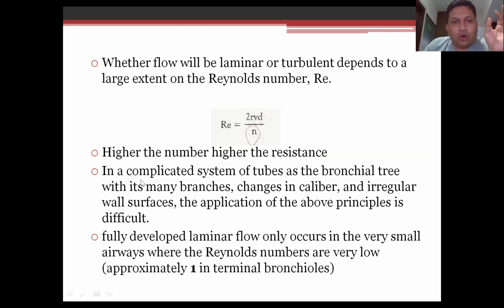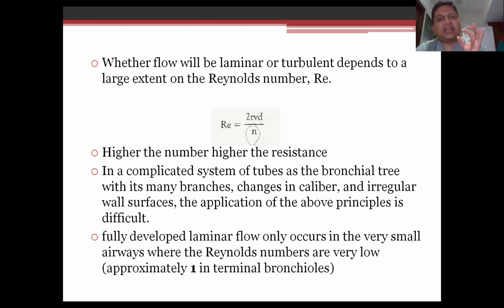This is a constant. In a complicated system of tubes such as the bronchial tree, there are many branches, changes in caliber, and irregular wall surfaces. This cannot apply there, because it applies only to a single tube or two tubes which are very straight.